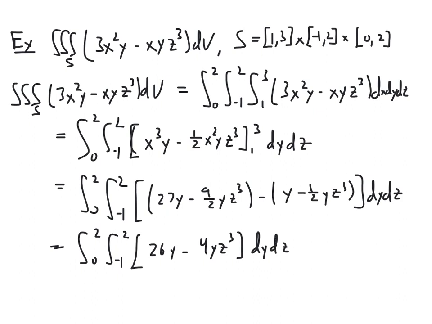So now we've evaluated the inside of the 3 integrals, and now we just have to repeat this process and compute the other 2. All right, so the next step is to compute the second iterated integral. And so we want to anti-differentiate 26y minus 4yz cubed. And when we do that, we're going to get 13y squared minus 2y squared z cubed, and that's going to be evaluated from negative 1 to 2. Remember, in that integral, we were integrating with respect to y.